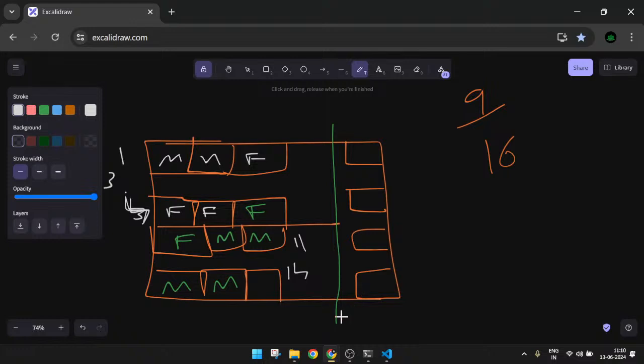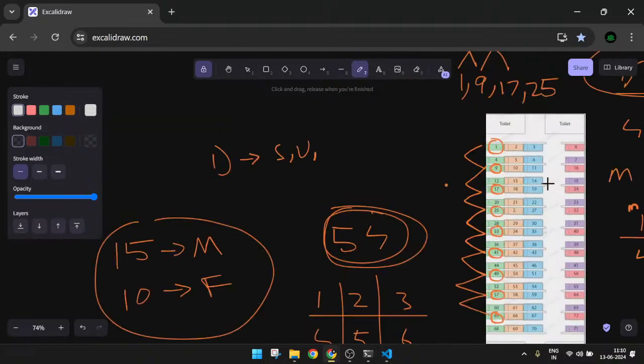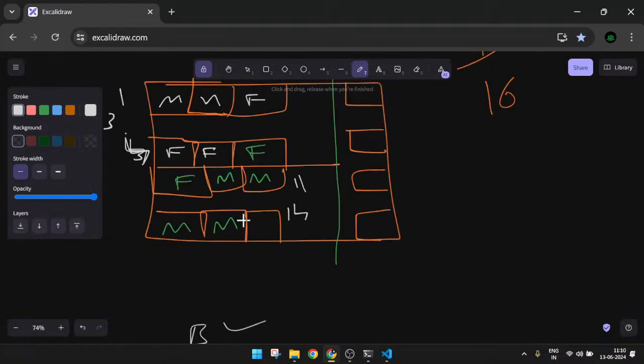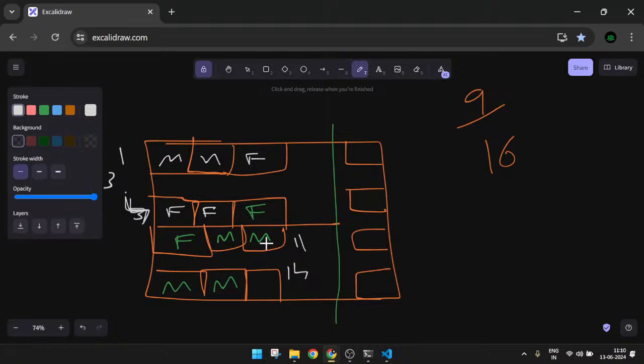Is it 11? Let me check. Yeah, it's 11. So by doing minus 3, I can get what's in front of it, and by adding 3, I can get what's in front of 11. Okay, so I found a formula. So it's not a formula, bro.